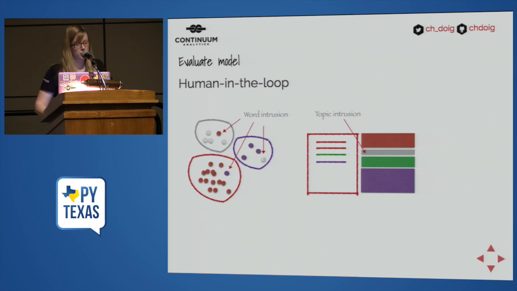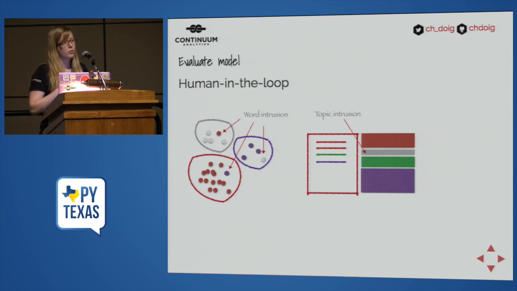In word intrusion, what you do is swap one word in your cluster with a word from another cluster, and then, having humans in the loop, ask them to find which word is the intruder to the topic.